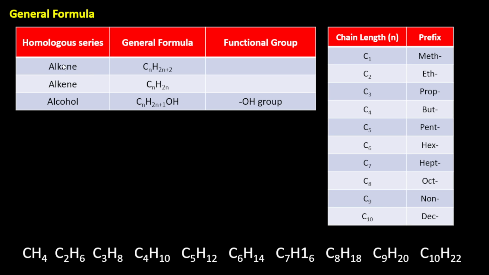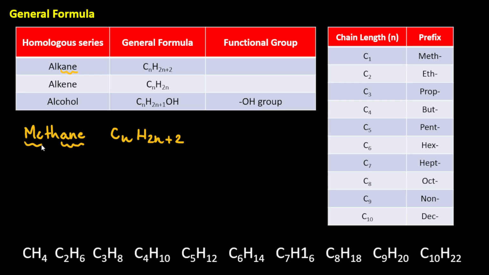Okay, so let's write down methane, for example. Since it ends with A and E, it's an alkane. So the formula that we should use is CnH2n+2.